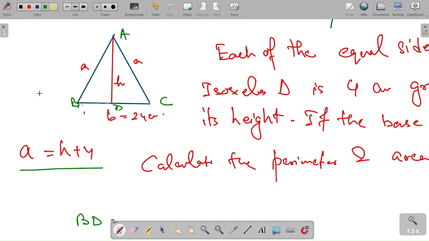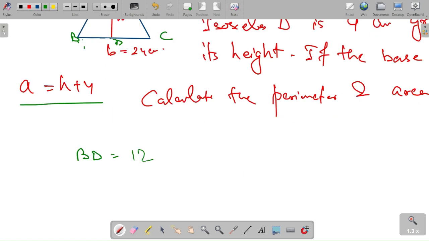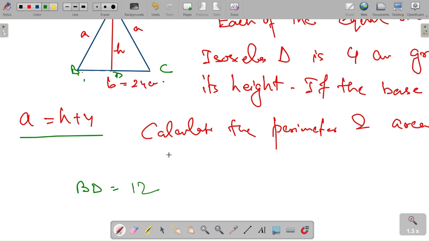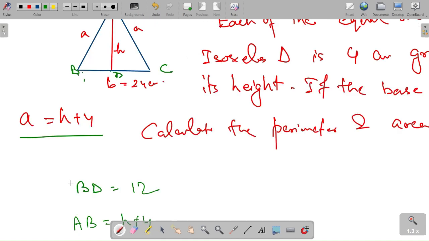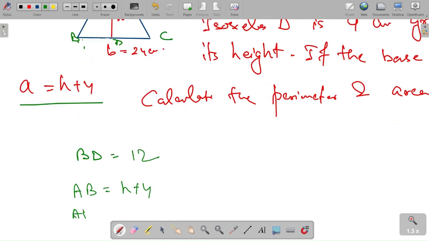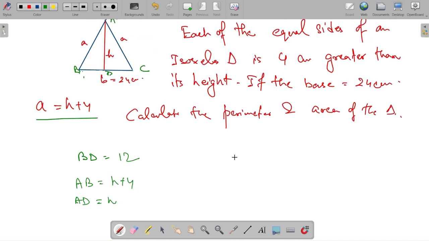Very good. BC. BD is 12. Your AB is H plus 4 and AD is equals to H. So now can you apply your Pythagoras theorem and find the value of H?